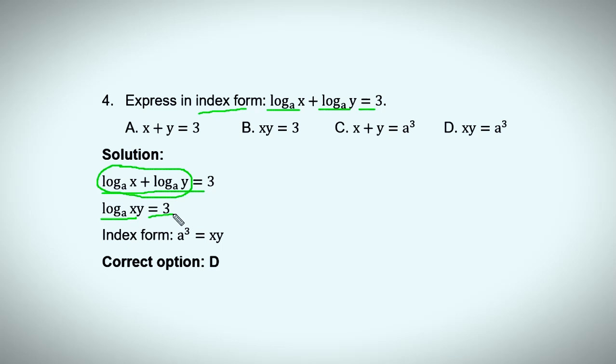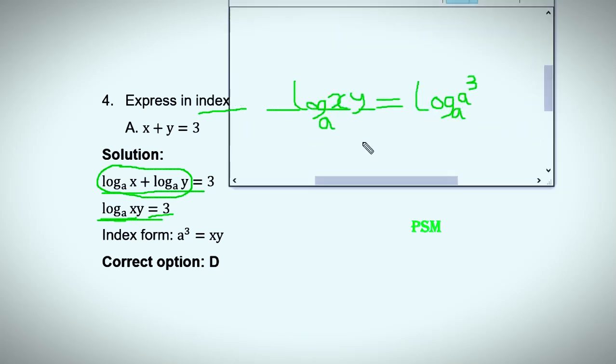In order to have the result in index form, this log term needs to go. So we have to transform this expression to something like this. You have it from here. Log xy base a equal to log a cubed base a.